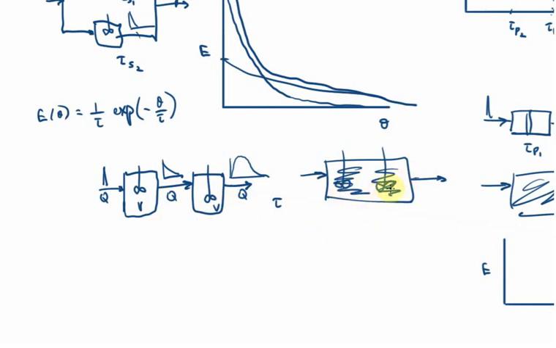So if we have this kind of situation, we can imagine that there exists a certain real volume, which we'll call V naught, and then there's a real flow rate Q naught. In principle, the flow rate between these two zones must be Q naught as well at steady state.